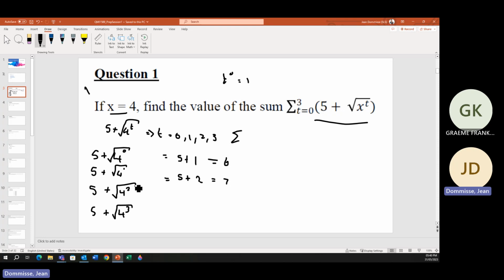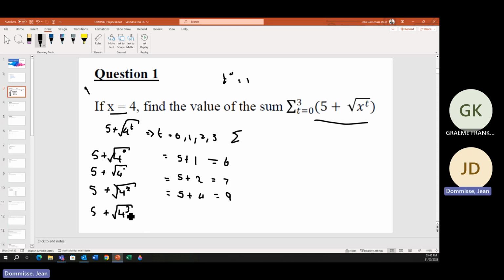When we look at 4 to the power of 2 and we take the square root of it, we basically cancel out. So that will be 5 plus 4, which is equal to 9. And then the last one is 5 plus 4 to the power of 3.